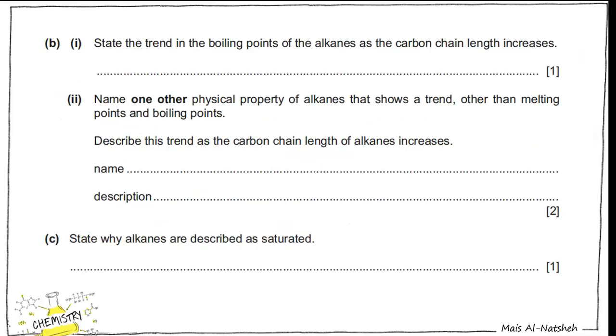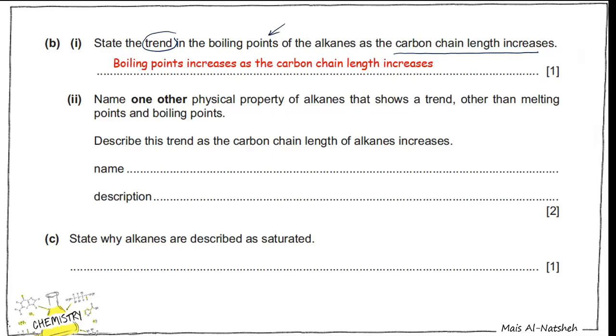Next one. State the trend in the boiling point of the alkanes as the carbon chain length increases. As the molecule becomes bigger and the hydrocarbon chain length increases, the melting and boiling points increase. So the trend here for boiling points is that it increases as the carbon chain length increases.